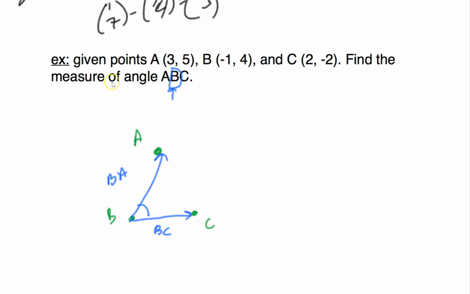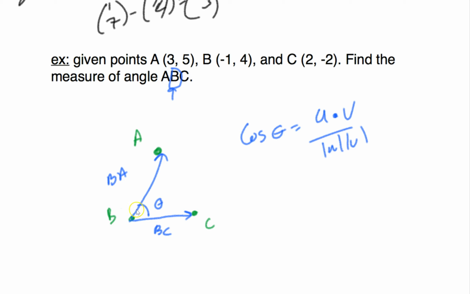If you want to find the measure of the angle, remember we have a formula for that, which we used recently. Cosine theta equals u dot v over magnitude of u times magnitude of v. First, the u dot v.